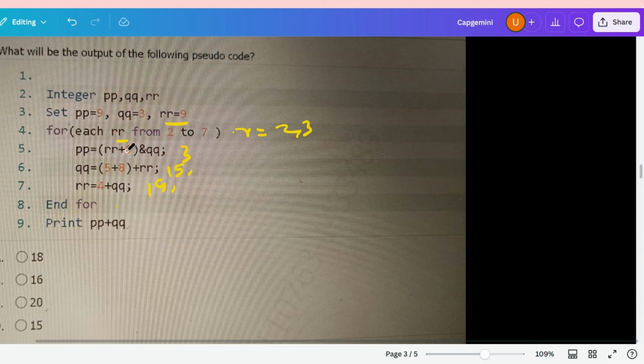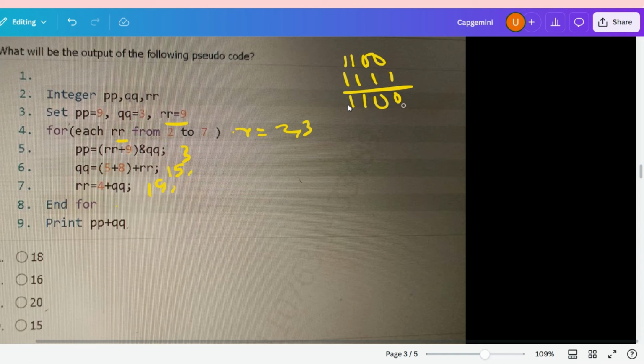So 12 AND q. 12 is 1100, and q is 15, which is 1111. It is an AND operation, so if one statement is false, then the whole statement will be false, and in this case the whole statement is true.